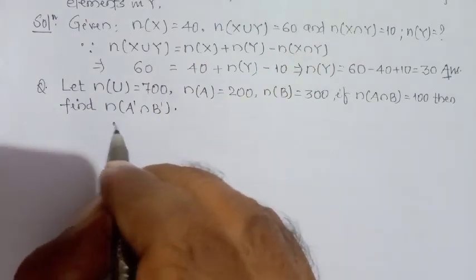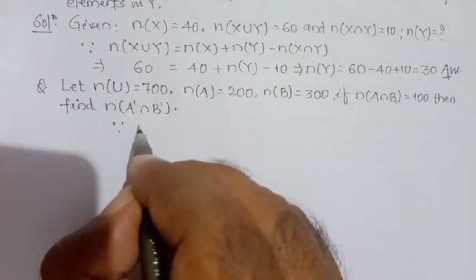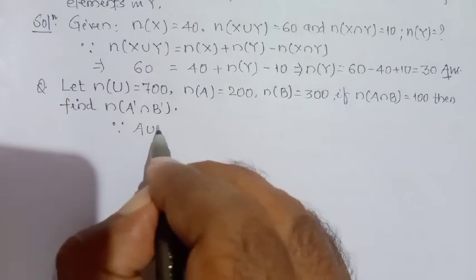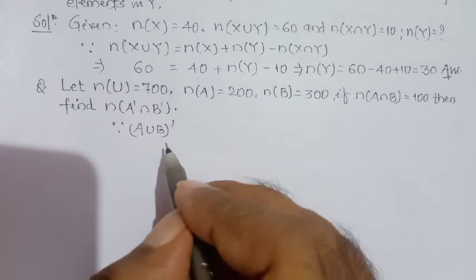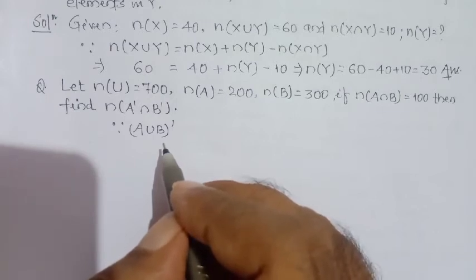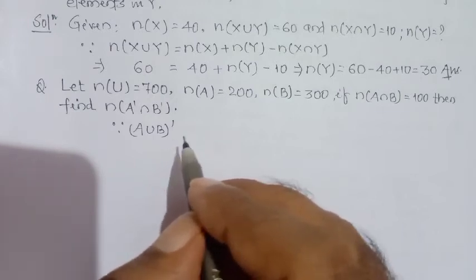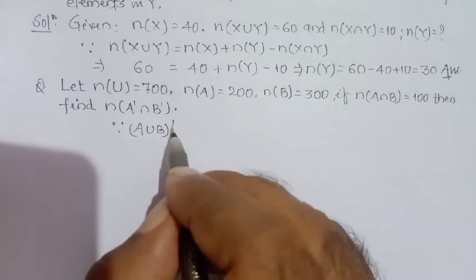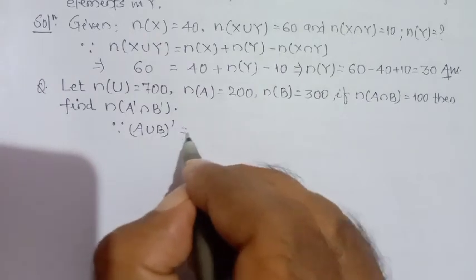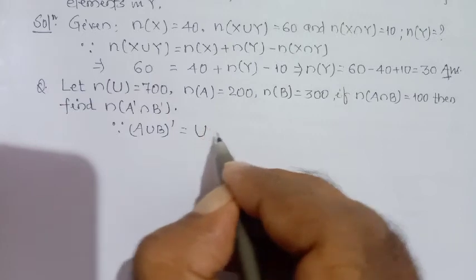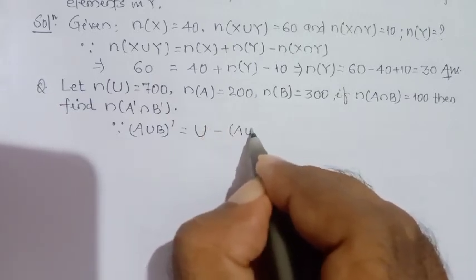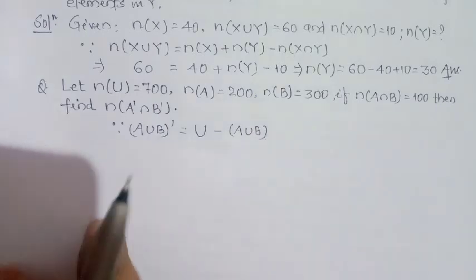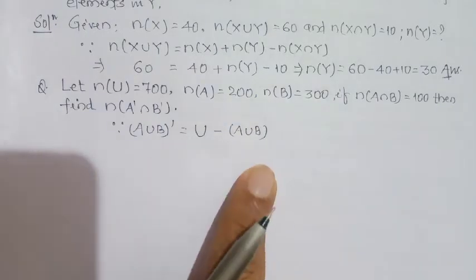See, children, the complement of A union B. Let us recall the definition of complement. Complement of A union B is the universal set minus the elements of set A union B. This is the definition for complement of sets.